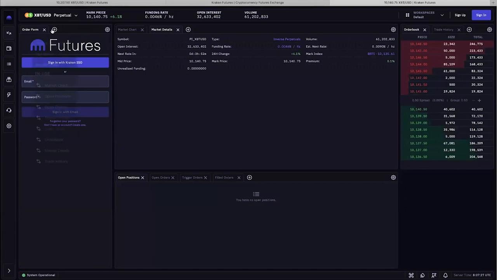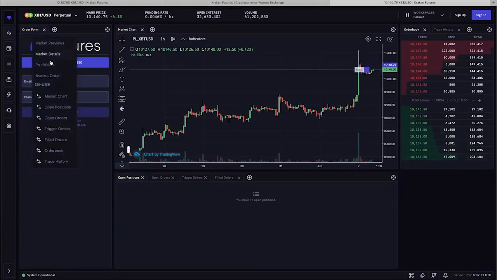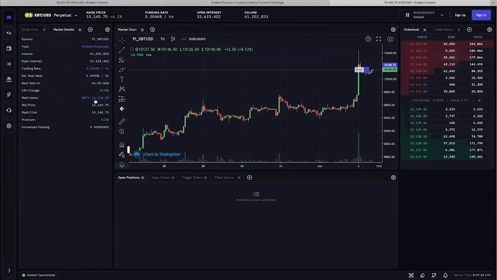It's much easier to read when it's vertical. You can close, by the way, with these, you can close all the tabs. So let's put market details here. It's much easier to read vertical. Mark index price is 10,133, and the mid price is 10,140, or the mark price is 10,140. So the futures contract is trading at a slight premium to the underlying spot market, a premium of 0.1% right now.